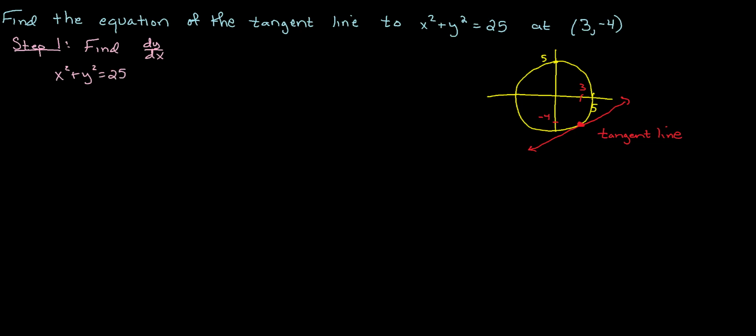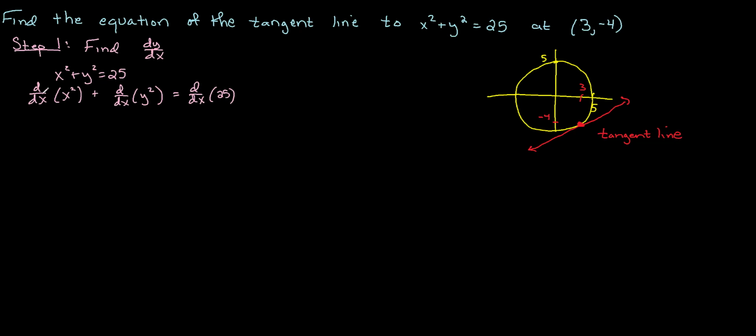And I need to go through and take the derivative with respect to x of each term. That's our sum rule for derivatives. So I'm going to do the derivative with respect to x of x squared. Then I'm going to do the derivative with respect to x of y squared, and that's going to be equal to the derivative with respect to x of 25.